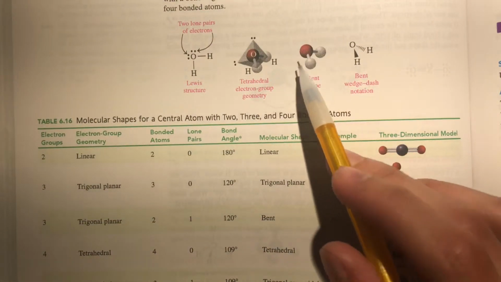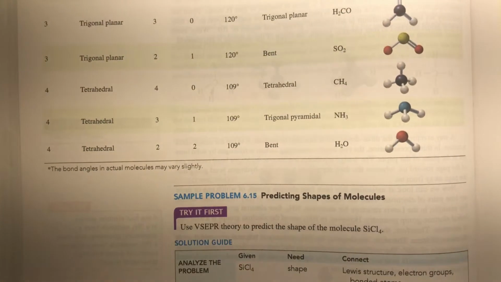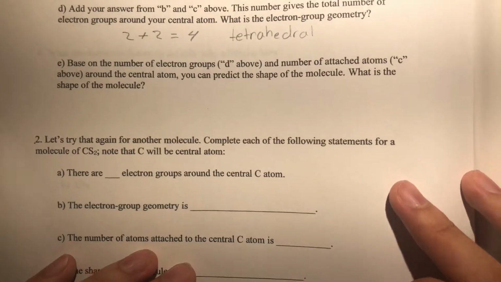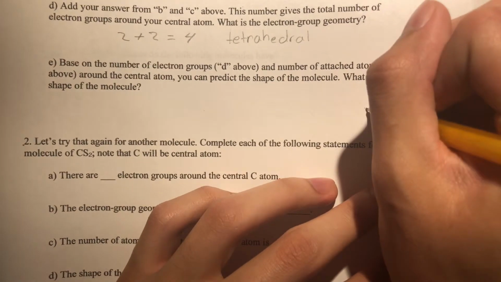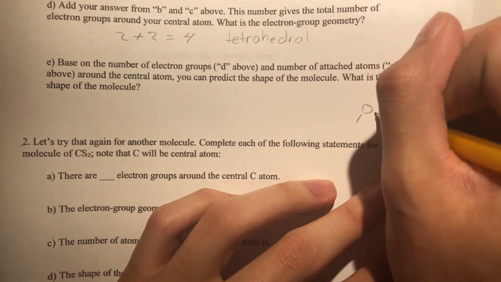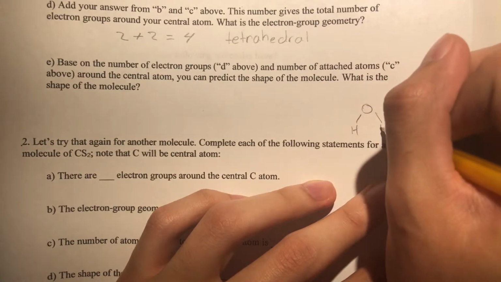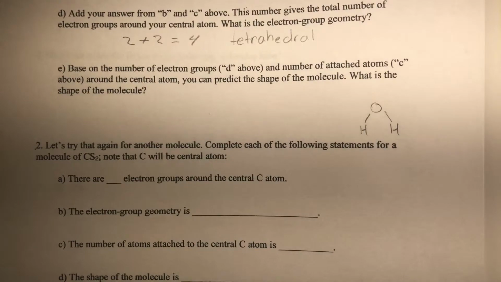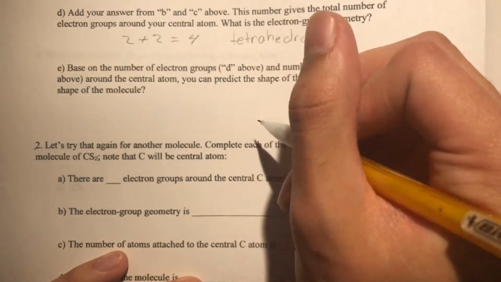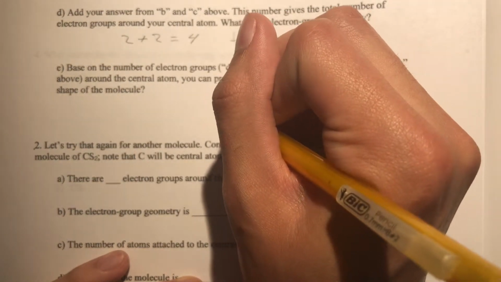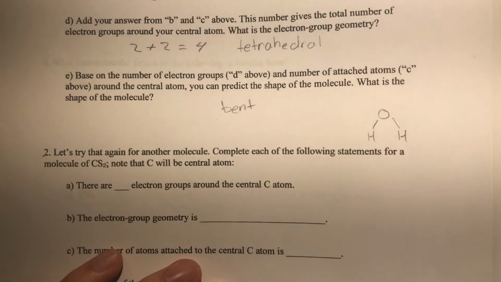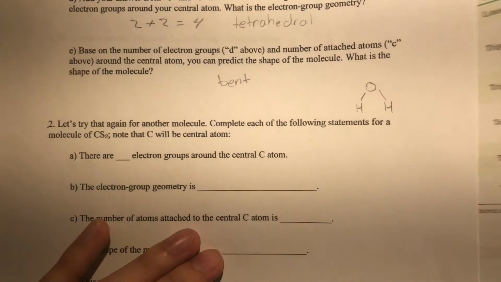This is a bent shape. To see how it would look on paper, it's simply O and H. It is considered a bent shape because of the two atoms on the outside. So, bent.